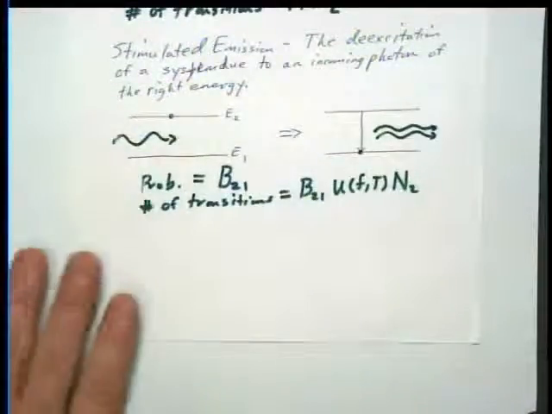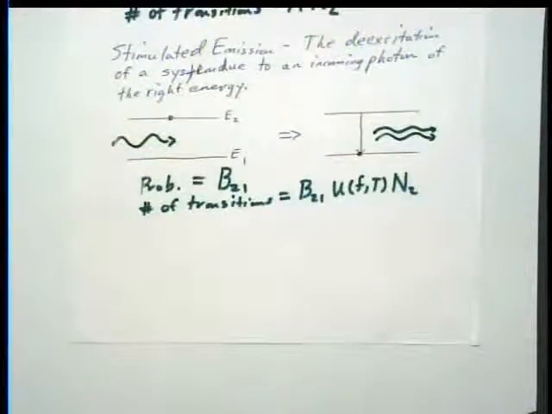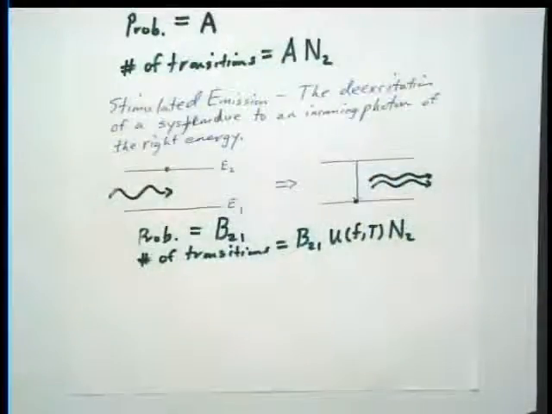Now here's the thing, if this laser is going to run at steady state, the number going up has to eventually equal the number going down. There are two ways to go down. You add up this and this, put it equal to the other, and solve that equation for those coefficients.